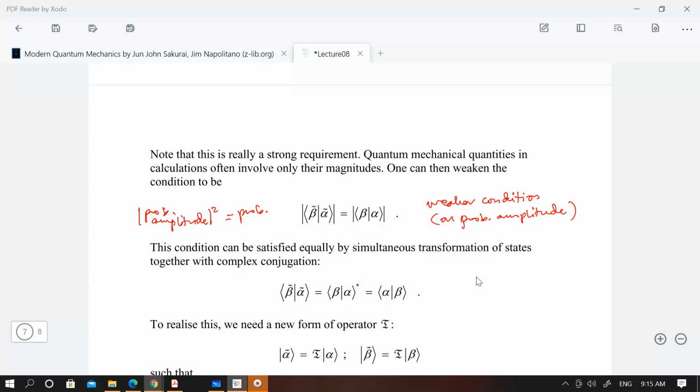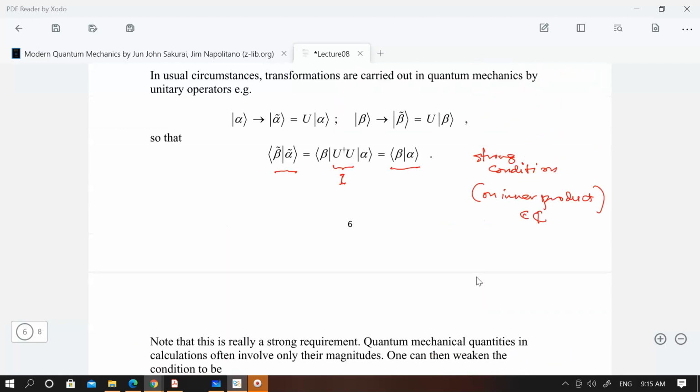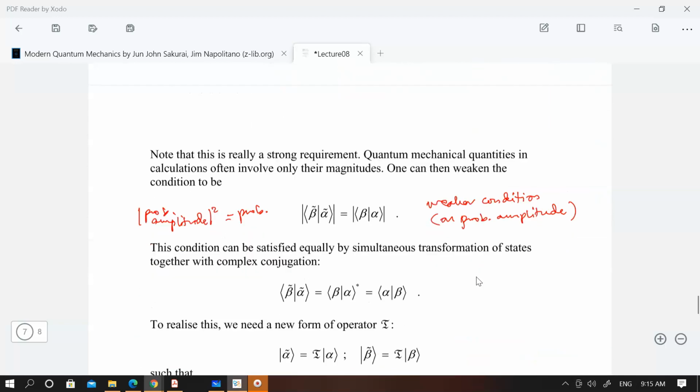Well, the point is, in this particular case, we must have the time reverse state. So remember, your alpha tilde is the one being transformed, and your beta tilde is the one being transformed. Consider that your alpha tilde and beta tilde are the time reversal transformed ones.